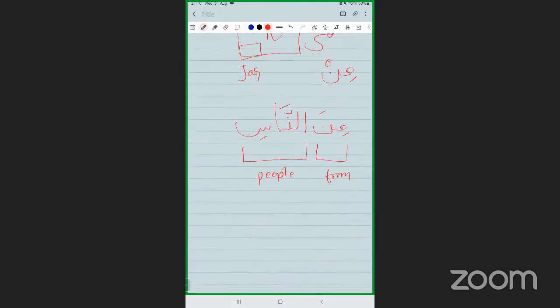Now ask me a question. Min is written like this. Do you see any difference? Any question popping out in your brain? Yes, the difference is that in the first one you have put a sukoon, and in the second one there is no sukoon.